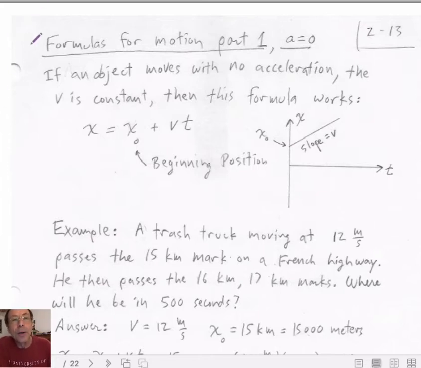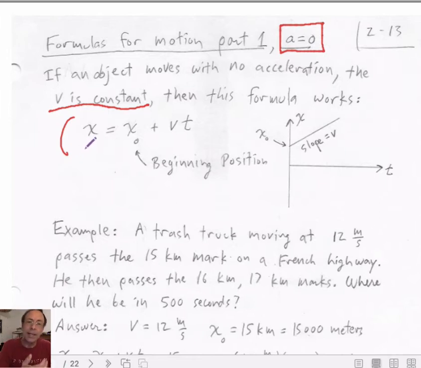All right. So to begin with, let's consider the special case where there is no acceleration. The a is 0. If an object has no acceleration, then it's not speeding up, it's not slowing down. The velocity is constant. If that's the case, then this formula will describe where the object is at any given time.